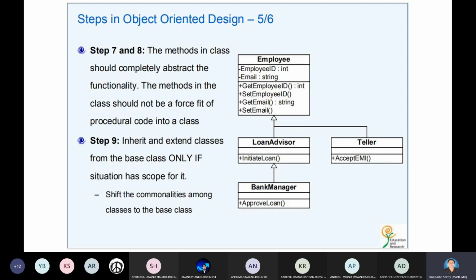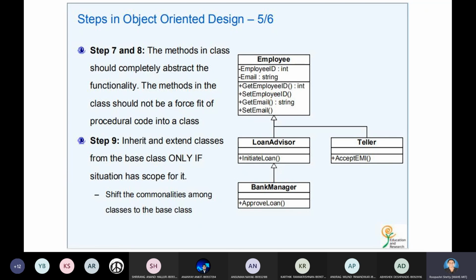And you need to check if any inheritance is possible. For example, employees of the bank: a loan advisor is an employee, an is-a relationship. Again, a teller is an employee, and a bank manager is a loan advisor. So the subclass or child class can inherit or use the features of the base class.